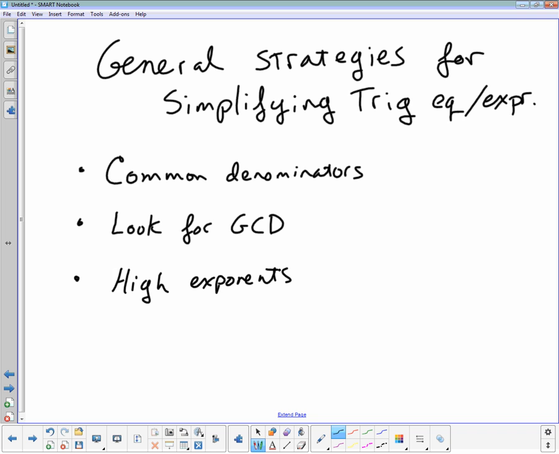Later on, when we learn a couple more tools, look for double angles or added angles. So for example, the cosine of 2x, something like that. Because there are trig simplification rules for multiple angles.